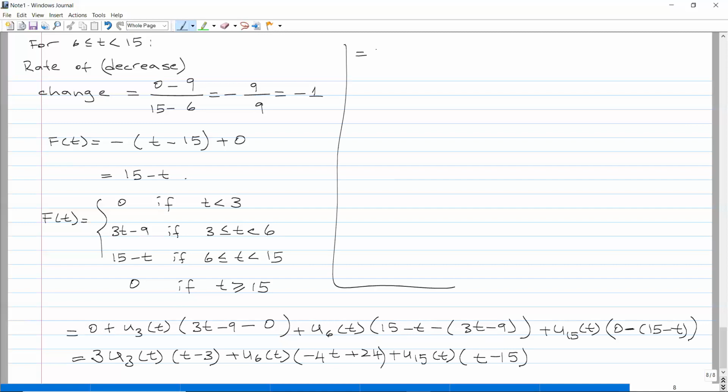And I'm going to do one more thing. From minus 4t plus 24, if I take out minus 4, u6 times t minus 6.